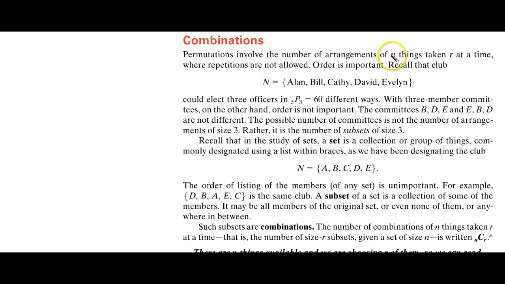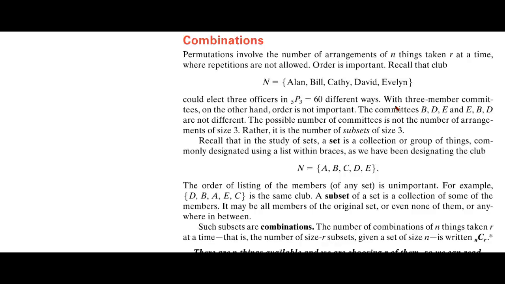Remember, we said in permutation, order is important. So if we had our same club that had these members, and they were electing a president, and then a secretary and treasurer, order was important. But if they were just going to have committee members, there is no distinction between the committee members.